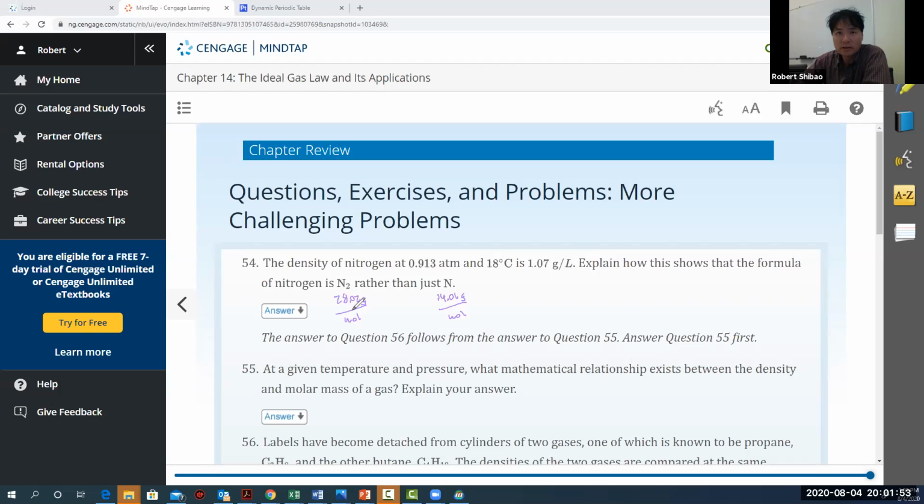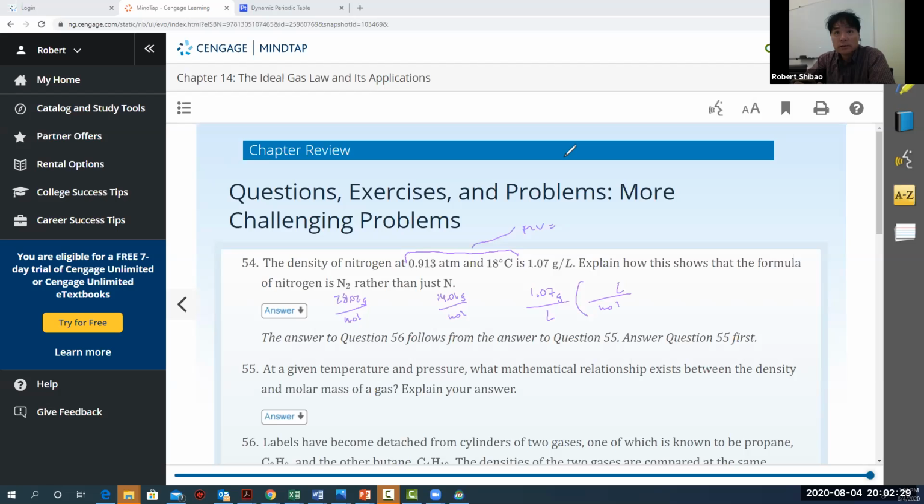Now the gases don't care what the moles are, it just cares how many particles there are. And so what we need to do is figure out what the molar mass is here. We could use dimensional analysis for this. We have 1.07 grams per liter, and we just need to convert liters to moles. Well, the molar volume will do that for a gas. And so we could calculate the molar volume. Molar volume is going to be RT over P. R is 0.08206.